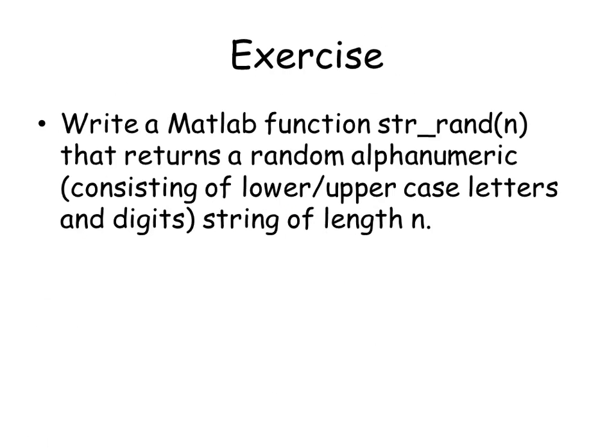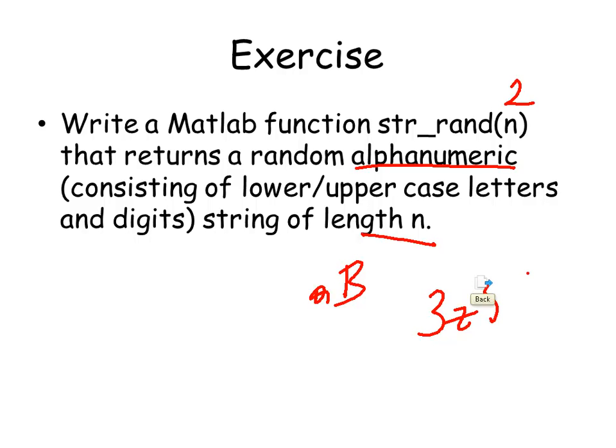So let's write a Matlab function that will return a random alphanumeric string of length n. So if I say strrand2, I should get, for instance, AB. Or strrand3, since it's alphanumeric, I should also include some numbers in here, 3Z5.